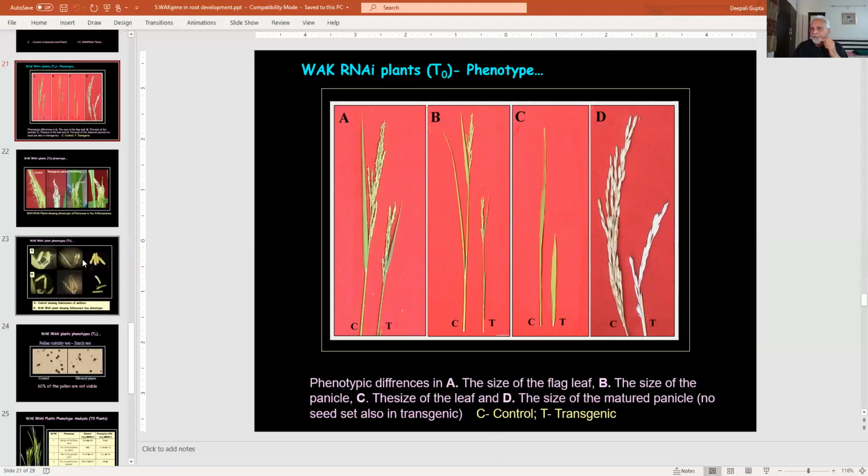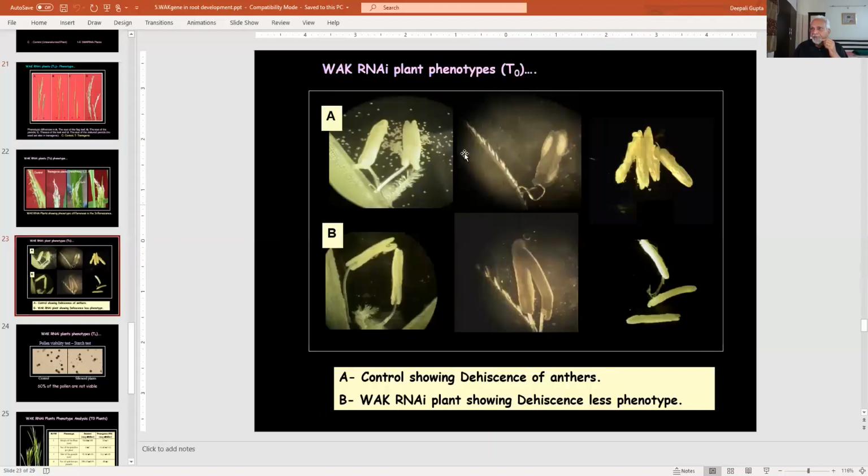And also if you look at the phenotype of anthers, this is the normal scenario where the anthers dehisce to release the pollens, which fertilize and lead to the fertilization and the seed development.